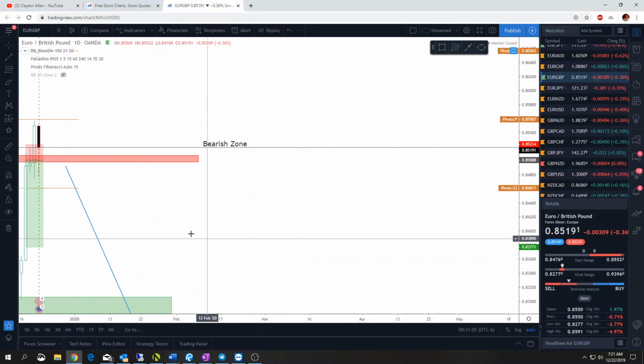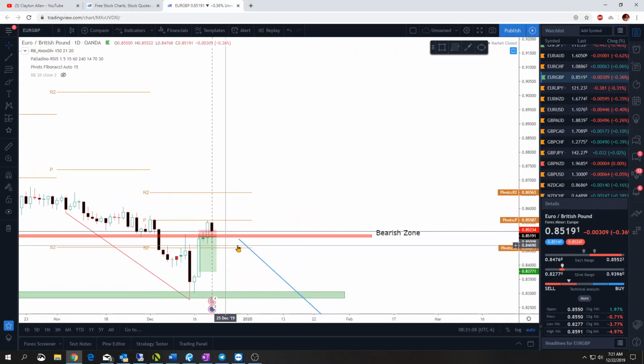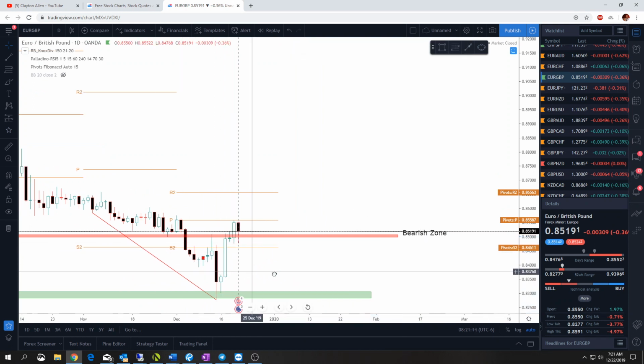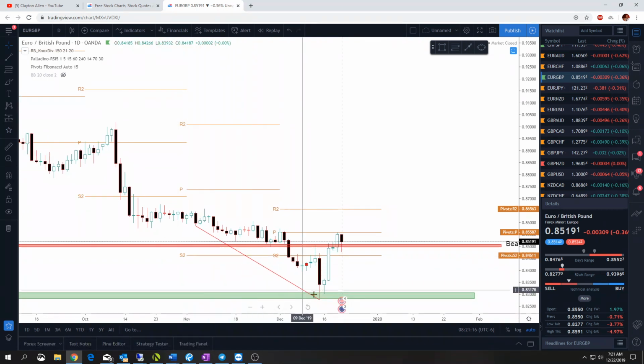Now we were looking for a sell trade. So if I get that trade out of the way here and get this arrow out of the way, what we have is price came out, shot up, now broke this, and then we're in a retest situation.